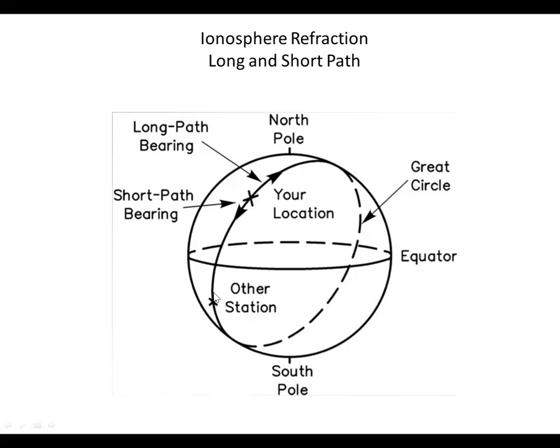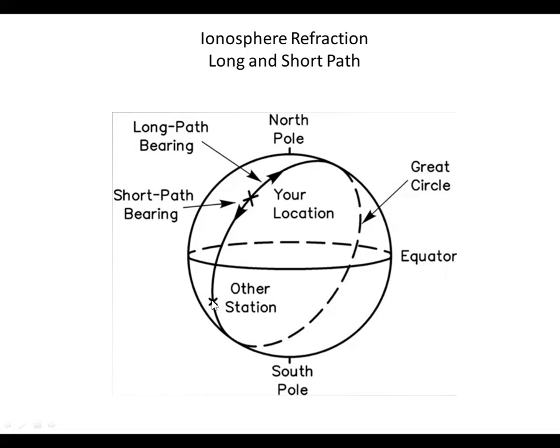So the station here, if you have a strong enough signal, it'll pick up the short path signal as well as the long path signal, and you need a pretty good antenna and amplifier to do that, to get enough energy to go around the long path.